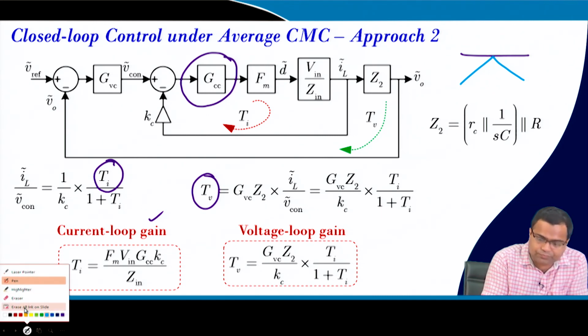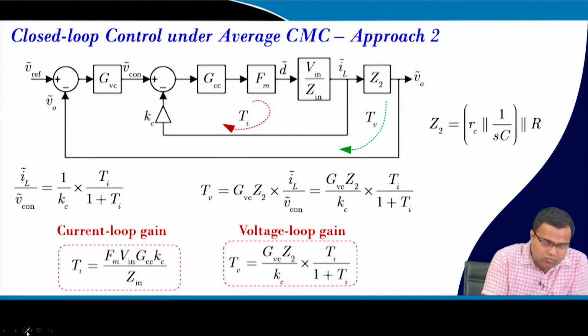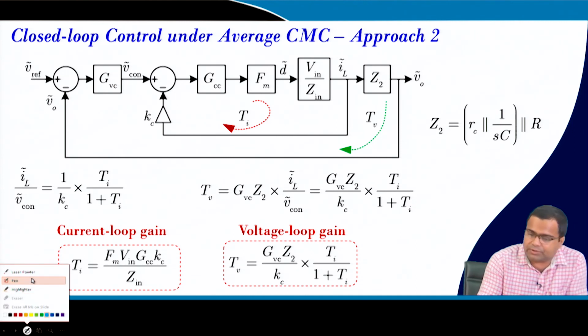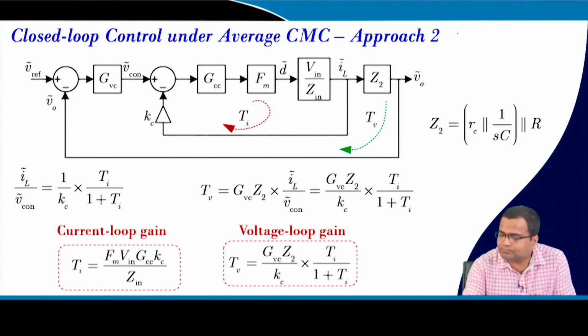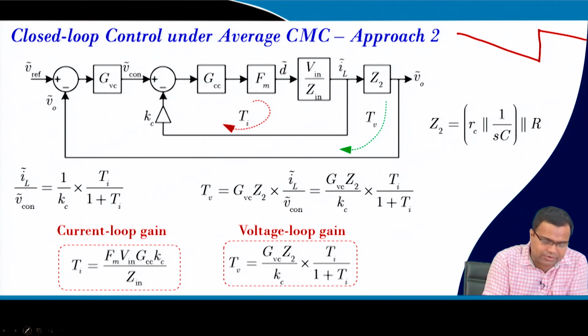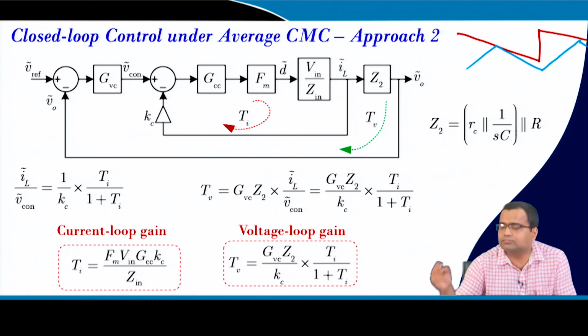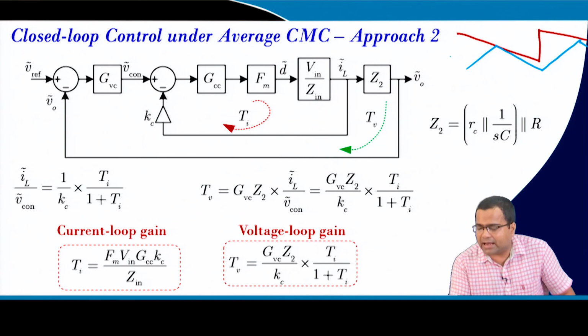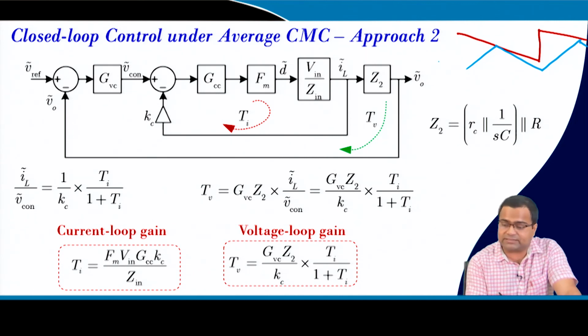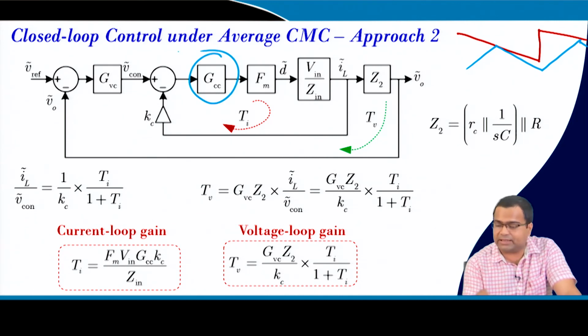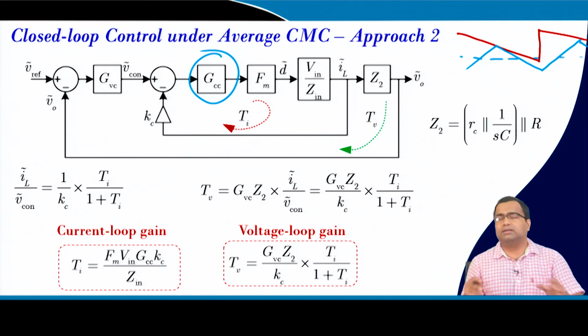So, the waveform will look like this, and you have a sensed inductor current which will be like this, and by means of this current controller we are making sure the average value of the inductor current is my desired reference. Okay.